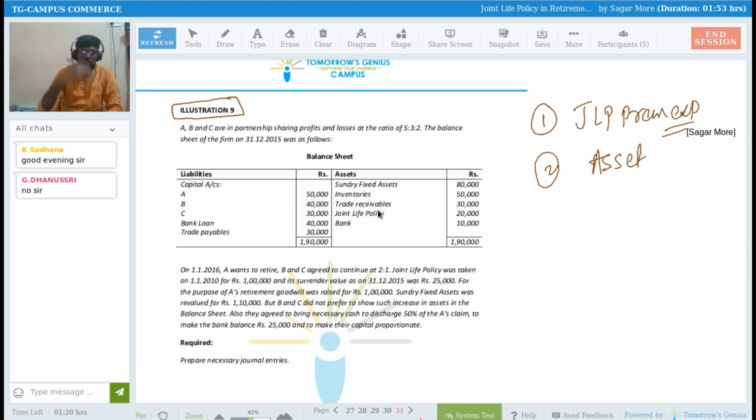Under treating as expenses, there are two methods. You maintain a joint life policy premium account, or you prepare just a joint life policy account. Then there is an asset method as well. So I am asking you to read this question once and see whether the method that we did is similar to this, or this question requires the same way to solve, or there is a different way, right? Just read. I am giving you 2 minutes. Just read this, then we'll start.